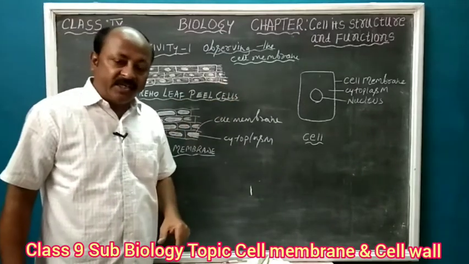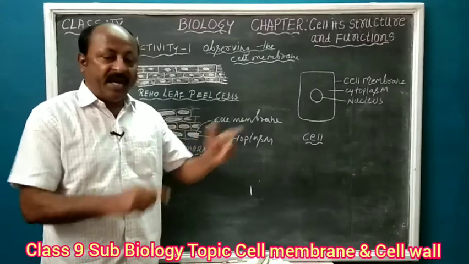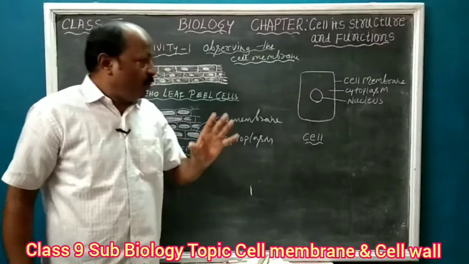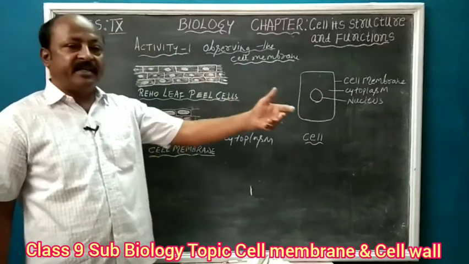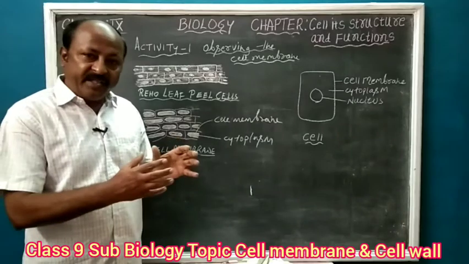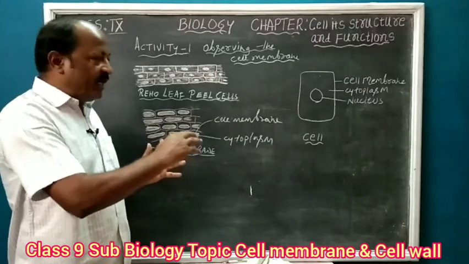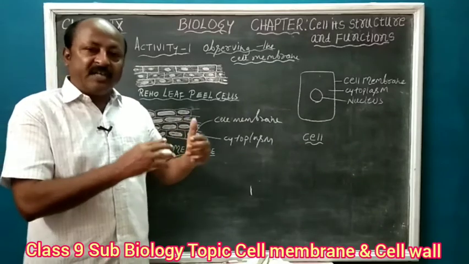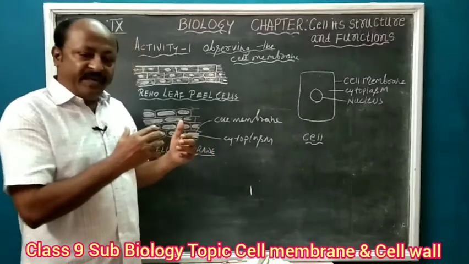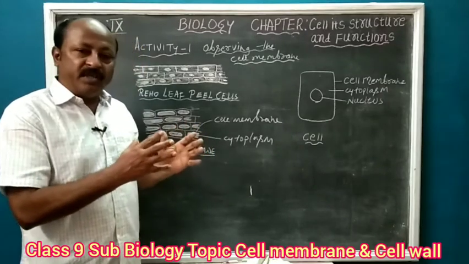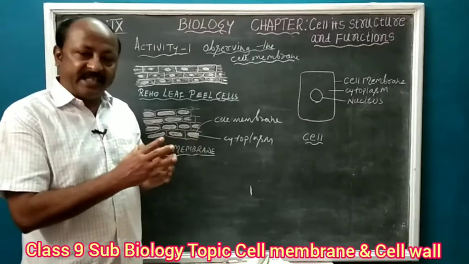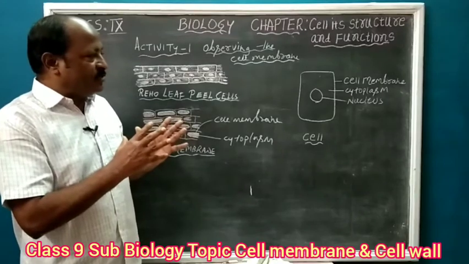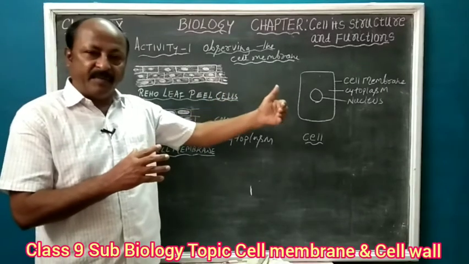This cell membrane defines the shape and size of the cells, and it protects the cytoplasm from the outside environment. When we compare the inside environment of the cell with the outside environment, the inside environment is made up of specific substances which maintain the balance inside the cell, and this balance is maintained with the help of the cell membrane.